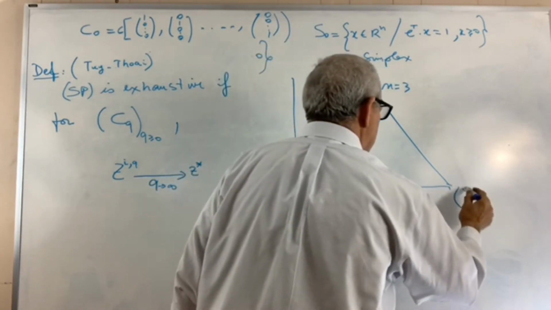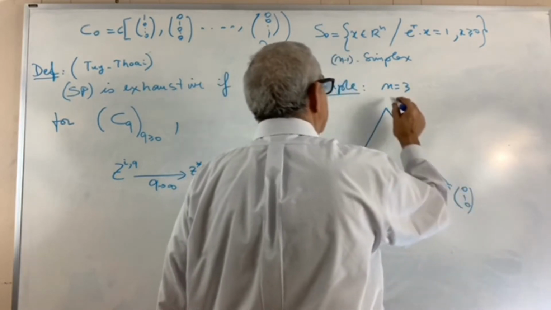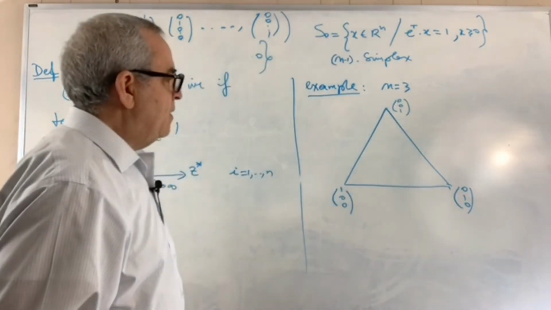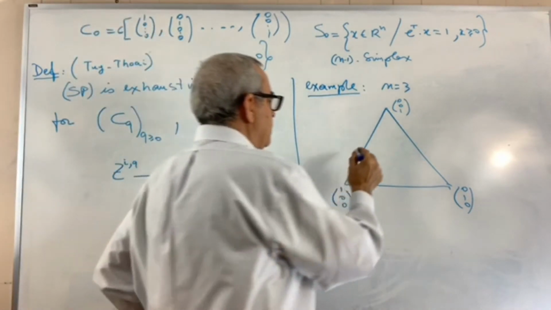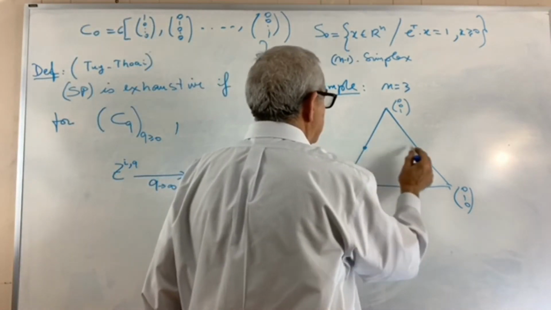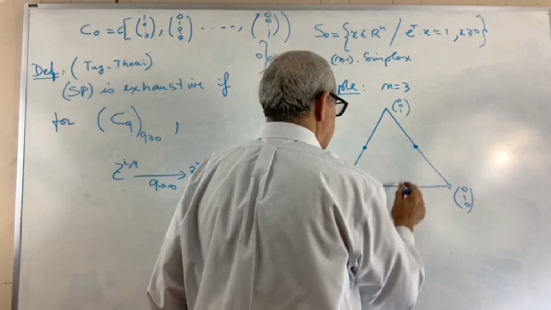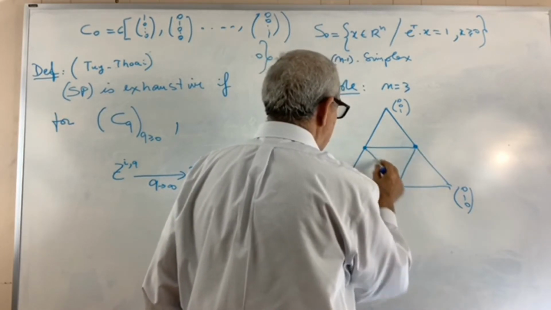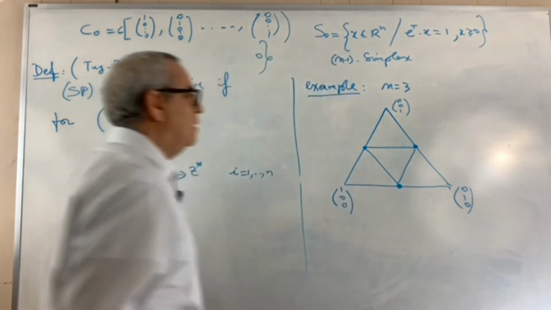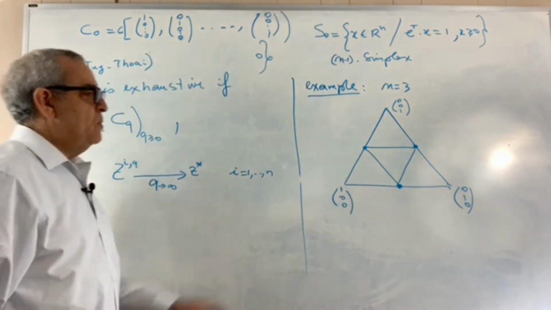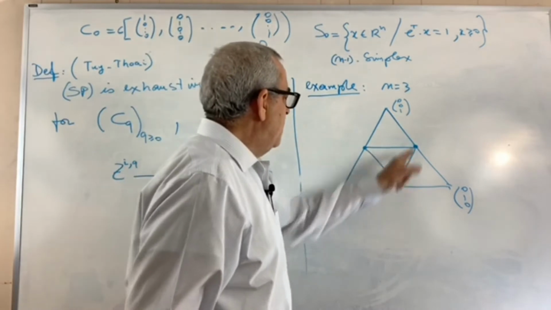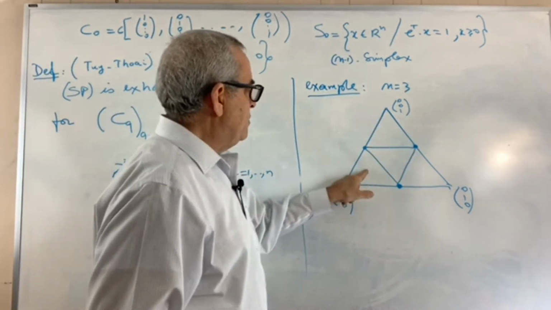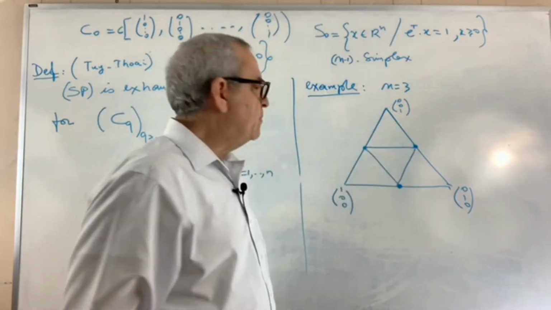This is 0, 1, 0. And this is 0, 0, 1. Now, we're going to use the midpoints in this example. So we take the midpoint of every edge, and then here our subdivision takes the original cone and divides it into 4 cones.